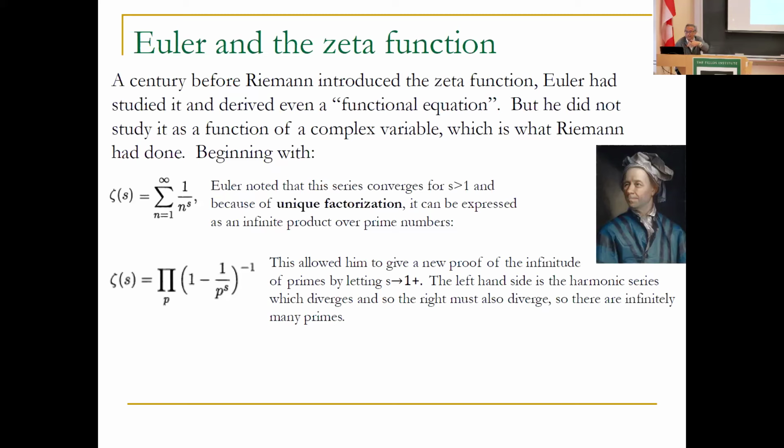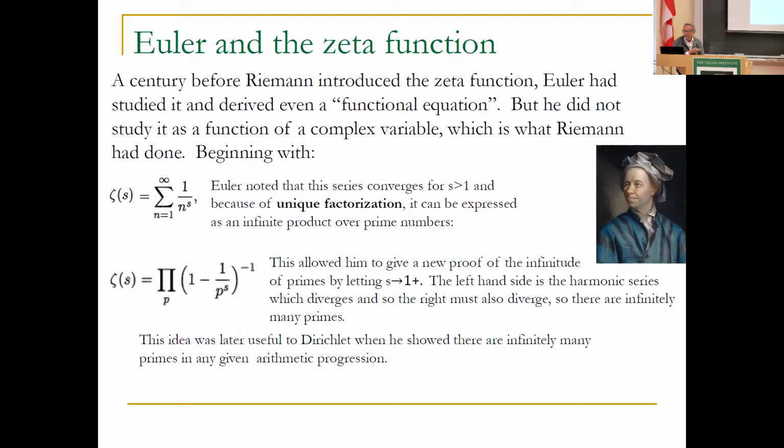And it's not going to work for answering the question of when a polynomial has a root mod p. It just doesn't. You need to know algebraic number theory, and the theory of the zeta function somehow. So this method that Euler had used to show the infinitude of primes was used by Dirichlet in his proof of the infinitude of primes in arithmetic progressions.